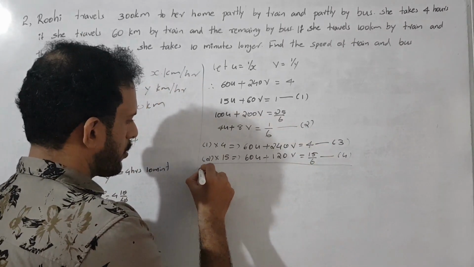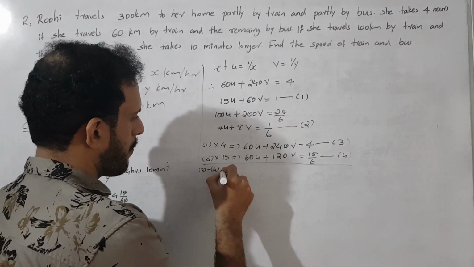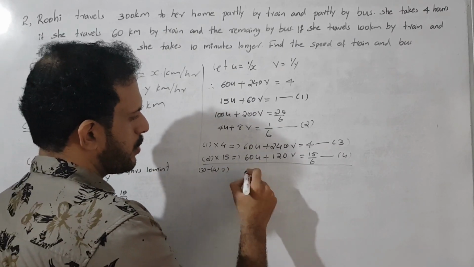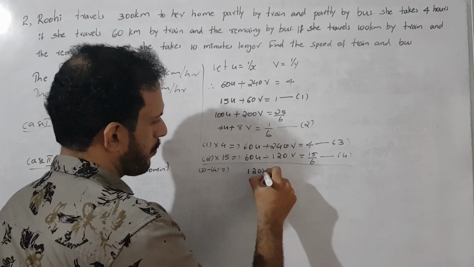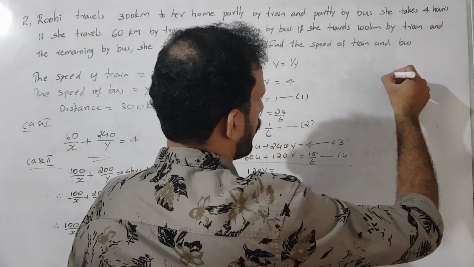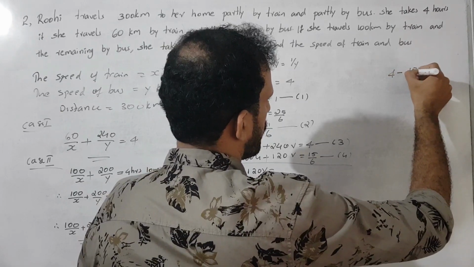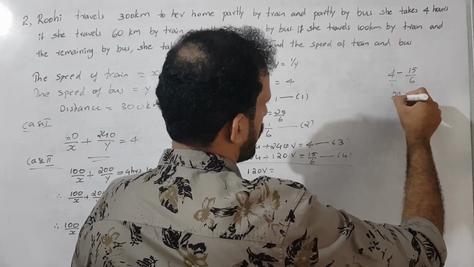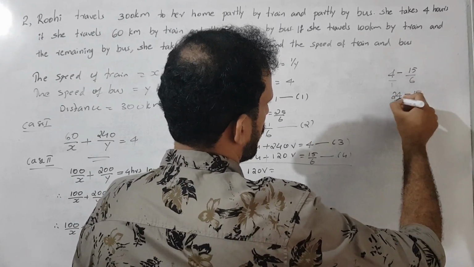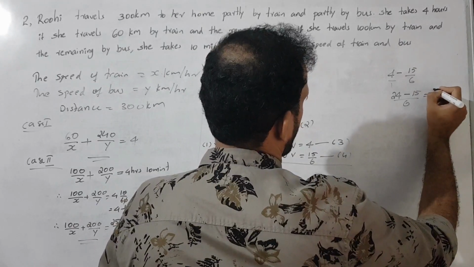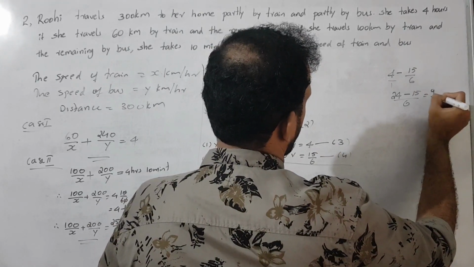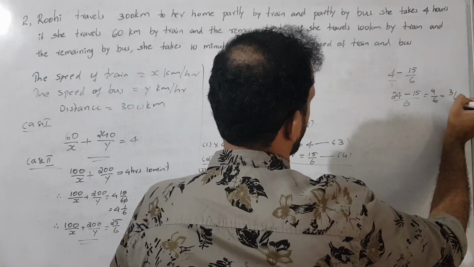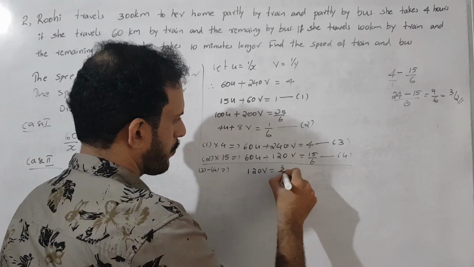Next, we subtract equation 3 minus 4, this one is 0. 240 minus 120 is 120v is equal to 4 minus 15 by 6. Then 24 minus 15 by 6 is 9 by 6. 9 by 6 is equal to 3 by 2.